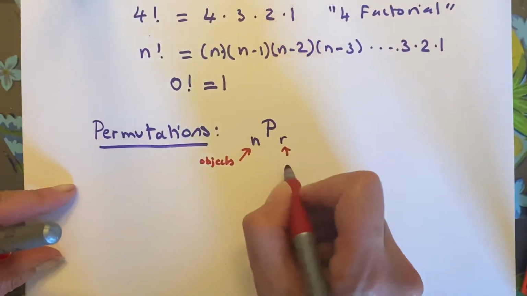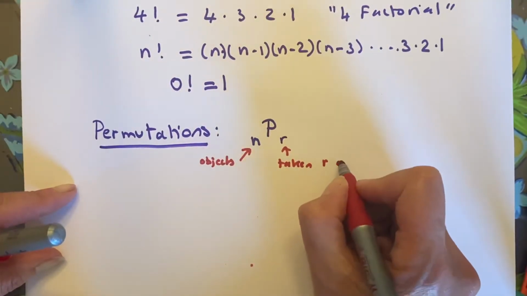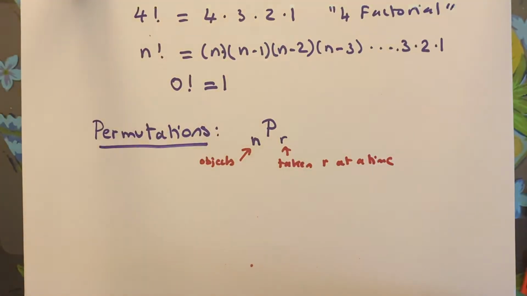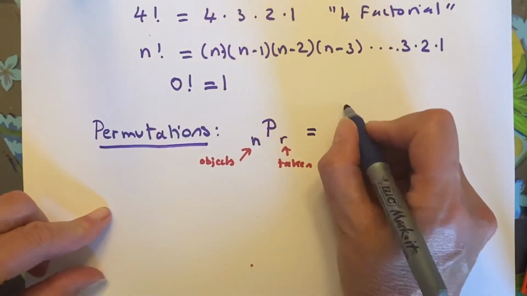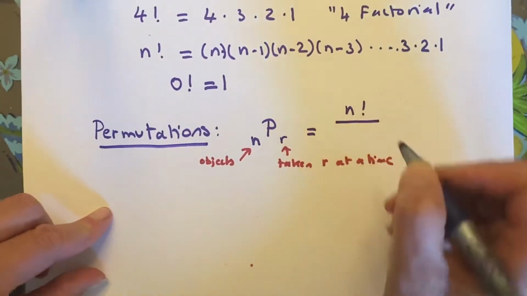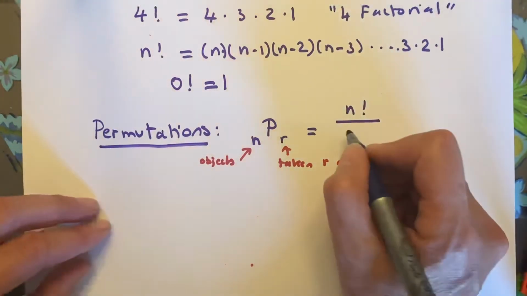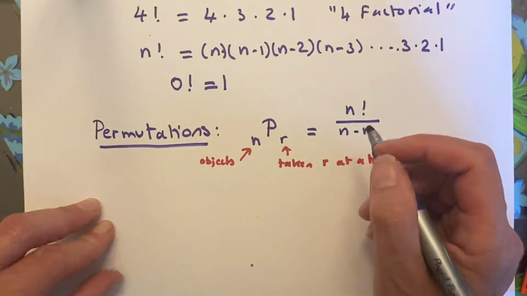This is taken r at a time. Okay, and let me just give you the formula and we'll work it out. So this formula is n factorial divided by n minus r factorial.